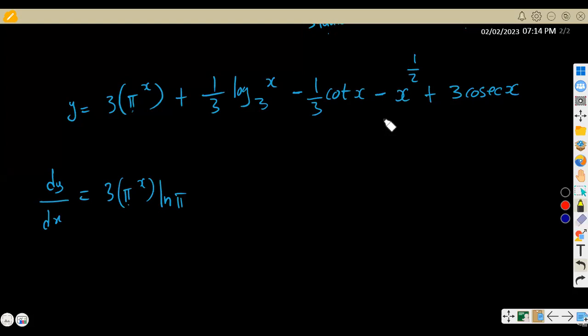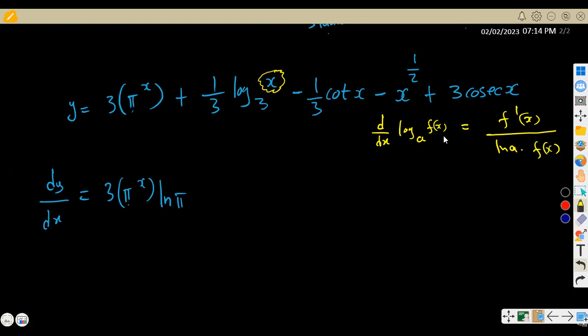If we are given the derivative with respect to x of a log of f of x, a function of x in base of a, I'm just treating the whole thing as a function of x. So the derivative of a log is equivalent to the first derivative of f of x, everything over ln of a times f of x, which is the normal x that you're given.